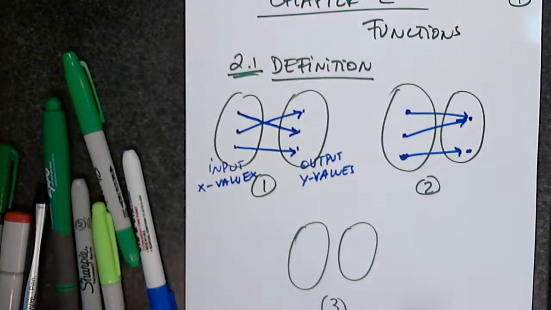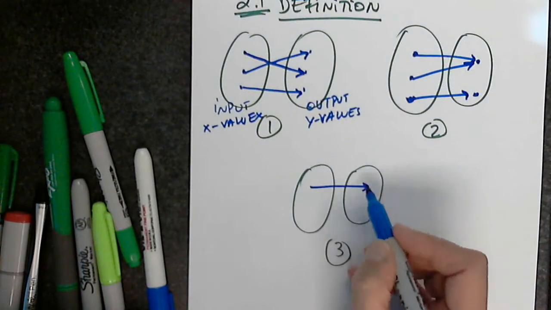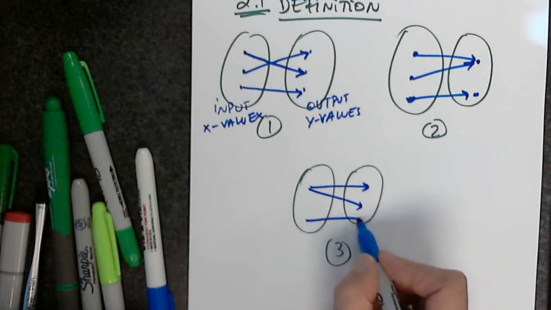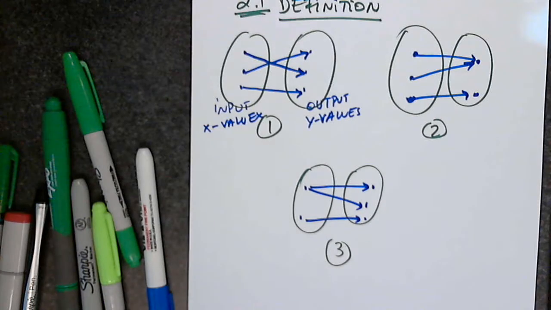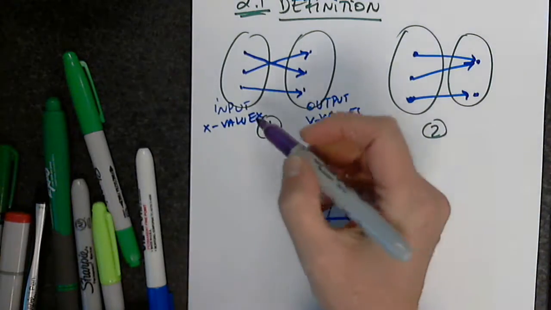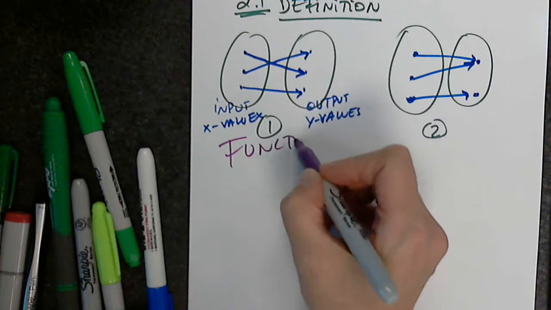And I'm going to present the third situation here. And let's discuss all these three. The first one, because each x value corresponds to only one y value in the output set, this is a function.